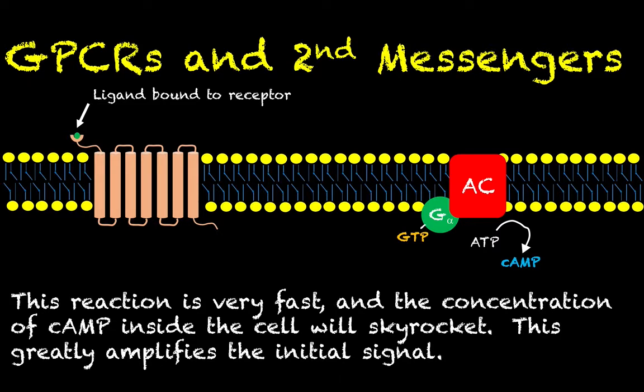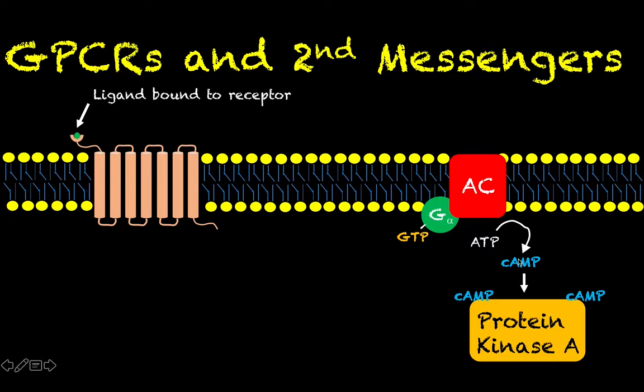So this is the amplification that we talked about in a previous video. Even if you start with an initially very low concentration of initial ligand, you can greatly amplify the signal if the message is conveyed intracellularly by a second messenger like cyclic AMP.